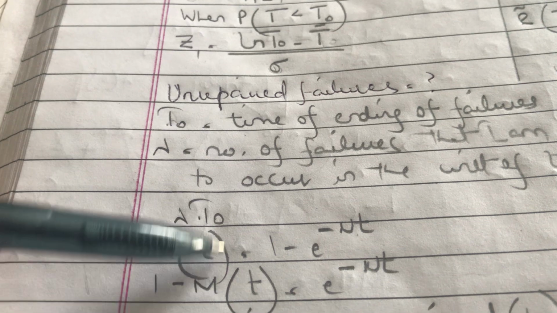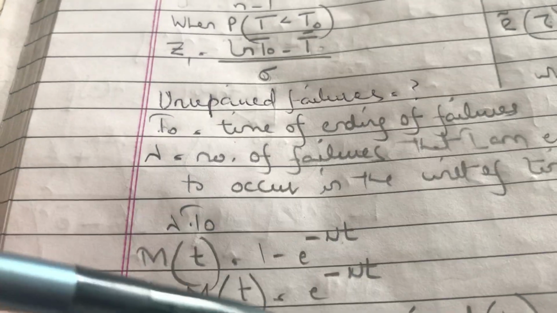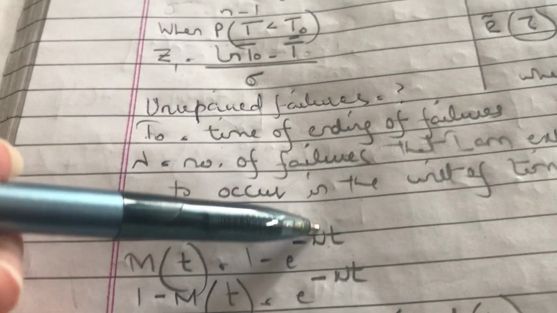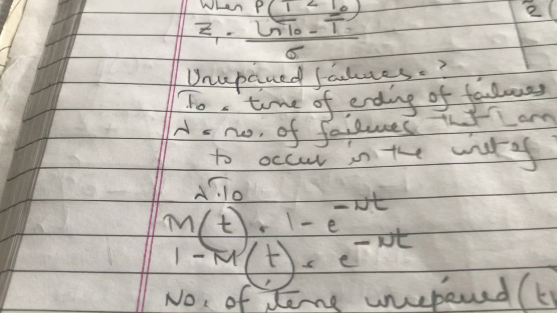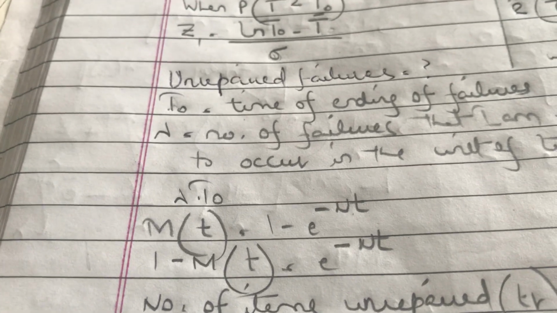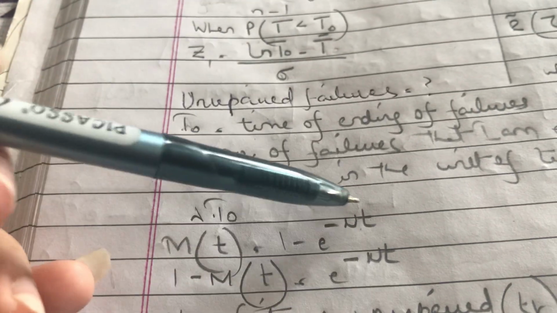So you remember that for the exponential form, we have M(t) equals 1 minus e to the minus mu t. This is our maintainability for the exponential form.